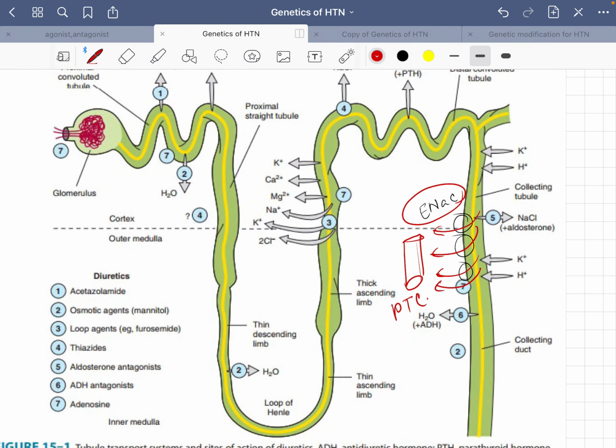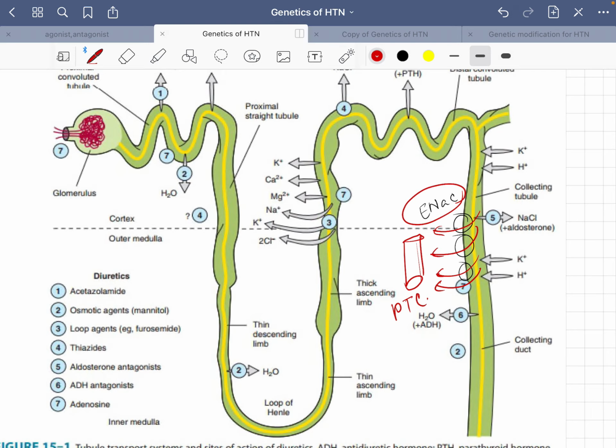The reabsorption of sodium in the collecting tubule totally depends on the epithelial sodium channel. If there are more epithelial sodium channels, more sodium reabsorption will happen, and if there are fewer channels, less sodium reabsorption will happen in the collecting tubule.